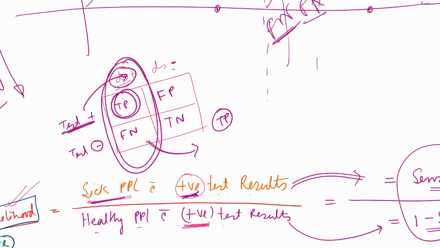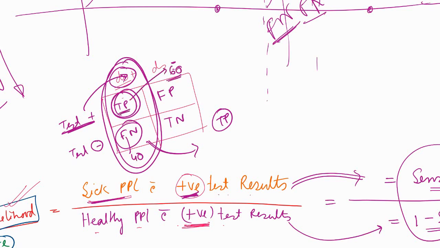But we need the probability, or ratio. So how many people will test positive among previously diagnosed cases of SLE? Let's say there are 100 previously diagnosed SLE cases, and you apply the new test to these 100 people. Let's say 60 people are positive and 40 are negative. That means false negative is 40 and true positive is 60.